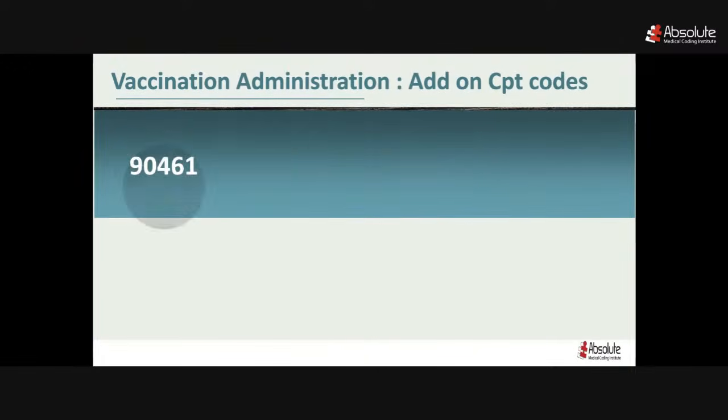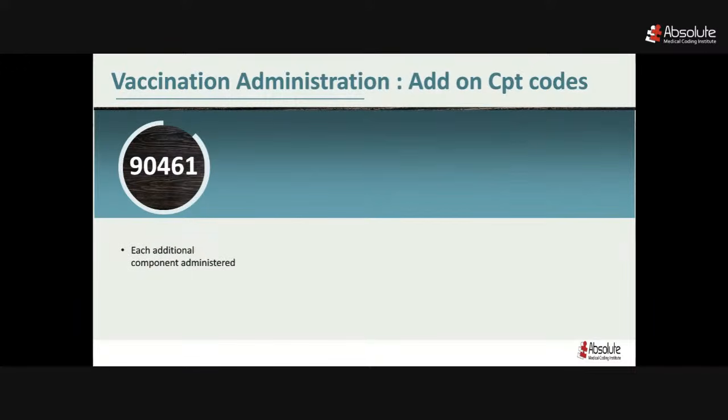Now, let's move our attention to the add-on codes. In addition to the main administration code, there are add-on codes for extra components or vaccines that are used. 90461 is used for each additional component of the vaccine when counseling is provided. And 90472 is used for each additional vaccine when no counseling is provided.